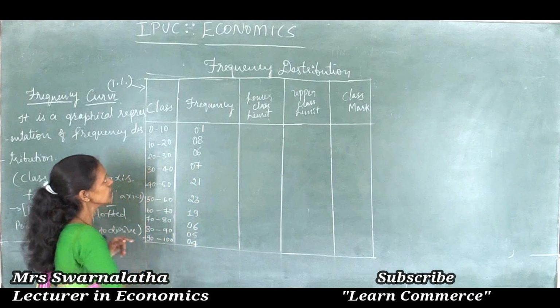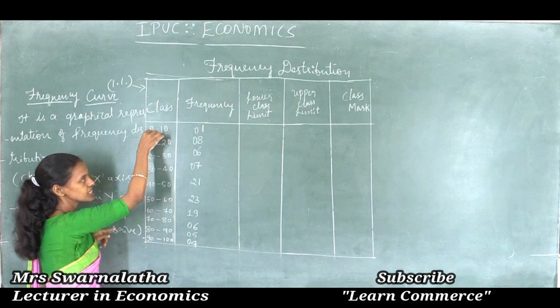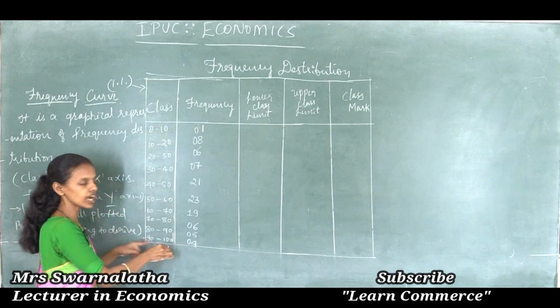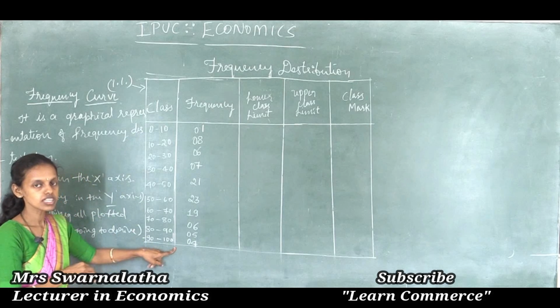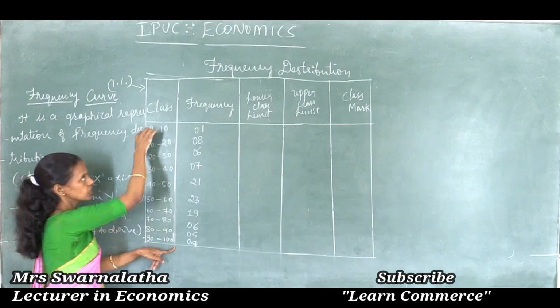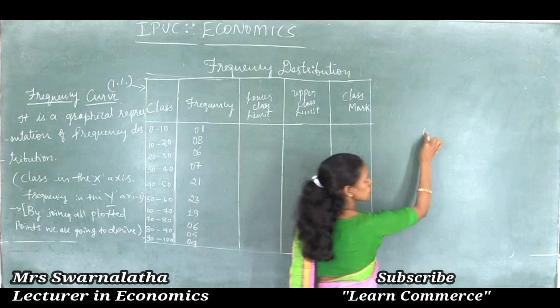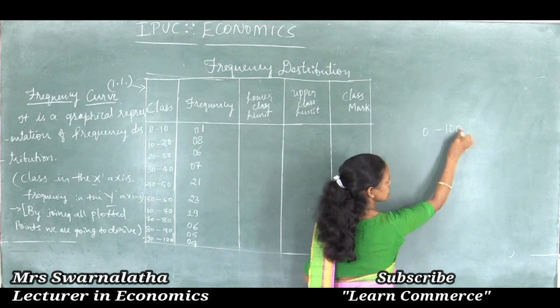See here, classes are given: marks scored by the students lie between 0 to 100 in mathematics. Lowest mark is 0, highest mark is 100.